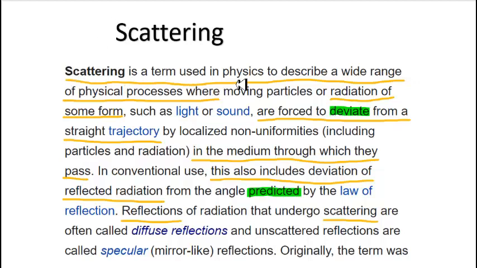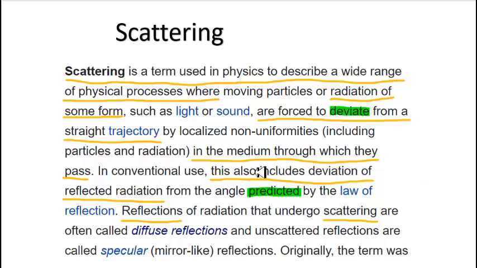Scattering is a term used in physics to describe a wide range of physical processes where radiation of some form is forced to deviate from a straight trajectory in the medium through which they pass. This also includes deviation of reflected radiation, and this is what we're talking about here in the ferrocell. So this also includes deviation of reflected radiation from the angle predicted by the law of reflection.